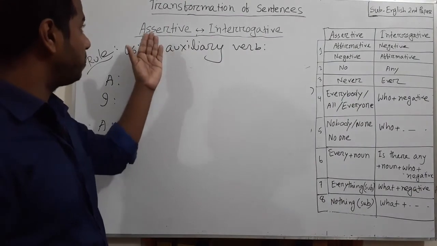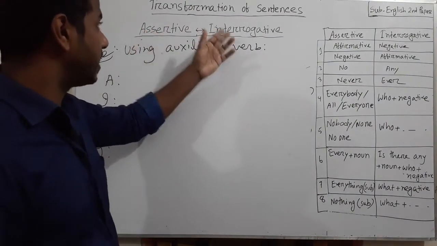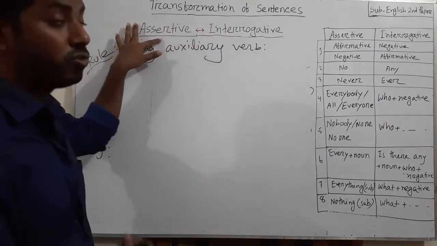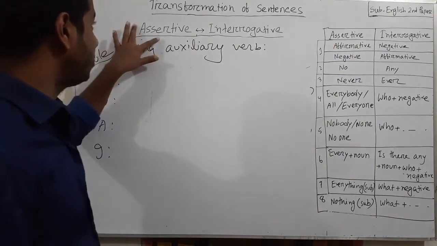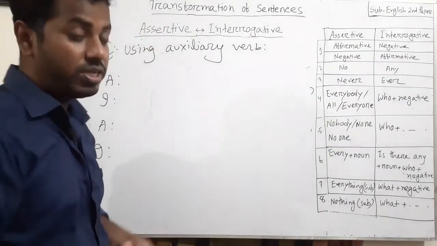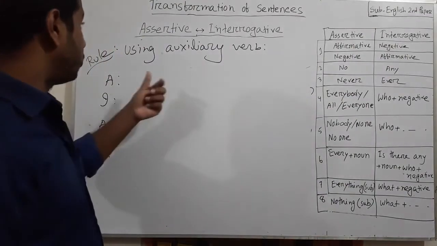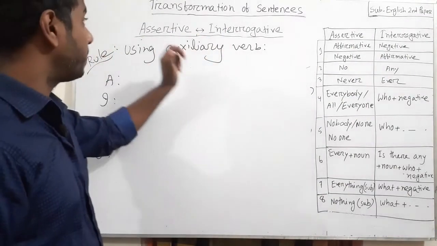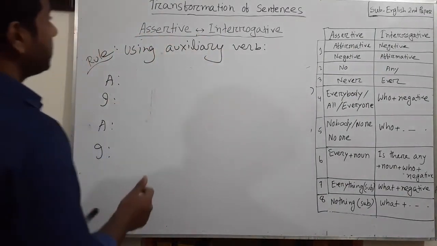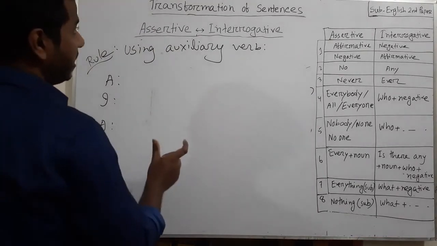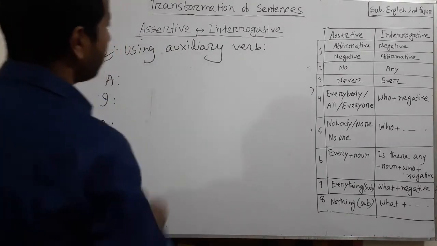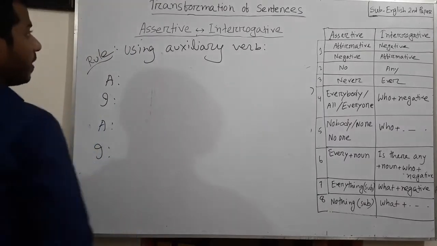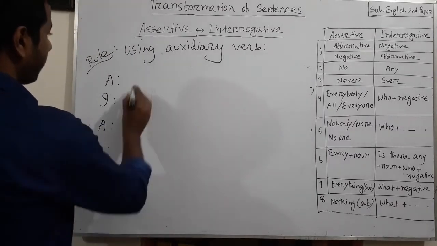So if we want to make an assertive sentence into interrogative sentence, and in assertive sentence if there is no auxiliary verb, then according to tense we have to bring do, does and did to make it interrogative sentence. Okay, in present indefinite tense there will be do and does, and in past indefinite tense there will be did. So let's have an example.